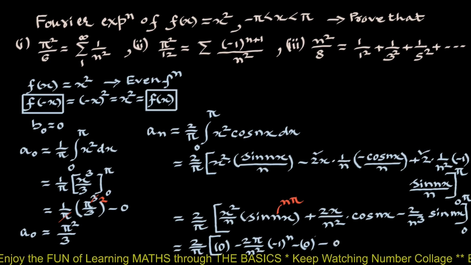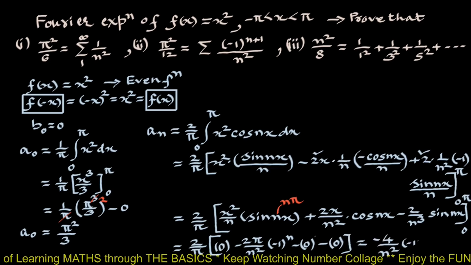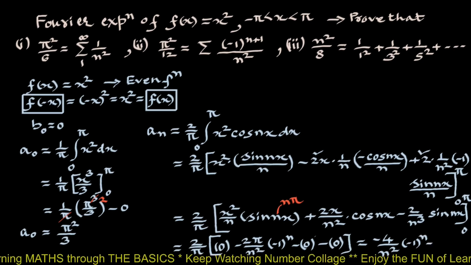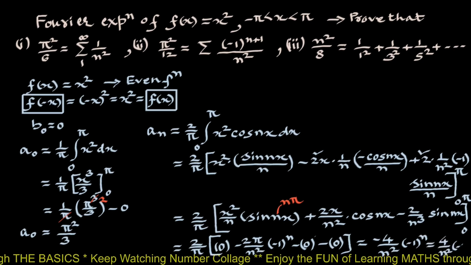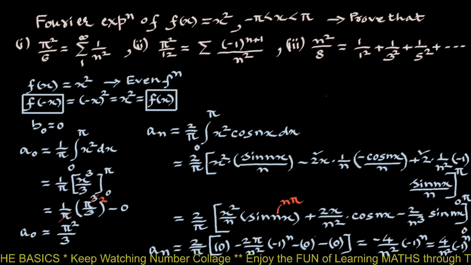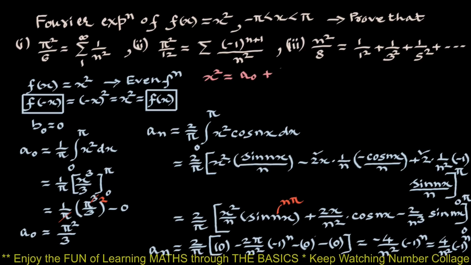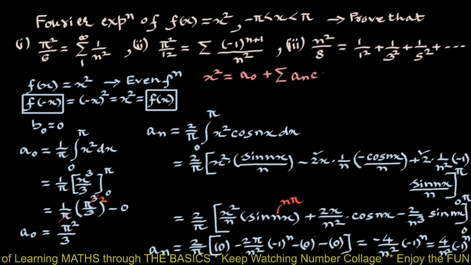So this will be 0, which is minus 4 upon n square into minus 1 to the power n, same as 4 upon n square minus 1 to the power n. So this is an.